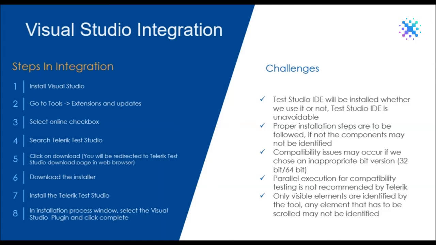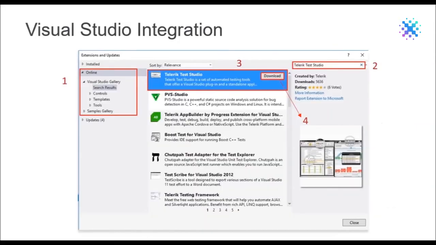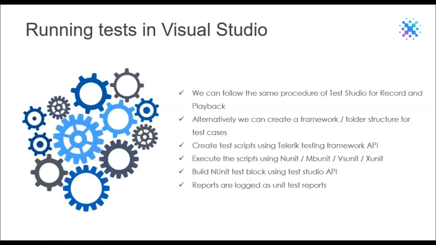For example, if there is a grid and there is a scroll bar using which I need to scroll down to reach an element, there is a possibility that the element which is not seen when we don't scroll may not be identified. So we need to build some logic around it in order to make it identified. Here we see some of the steps involved in integration.